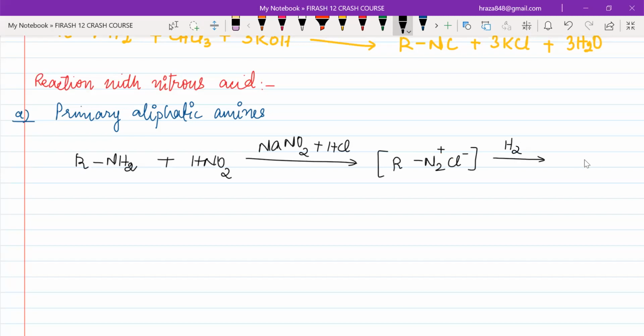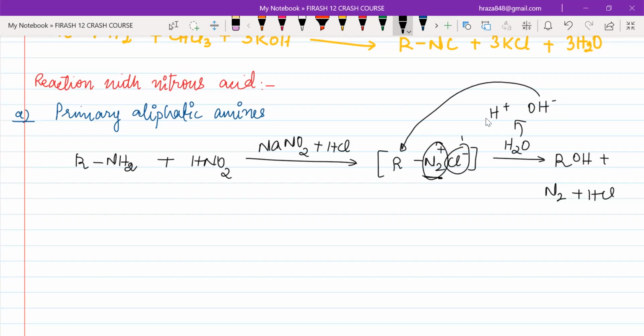So you are going to hydrolyze it, and you will get N2, and Cl- will be eliminated and it will form ROH. What I want to say is that water will have two parts, H+ and OH-. So this OH- will go directly to this, N2 will be lost, and Cl- will go with this H+.